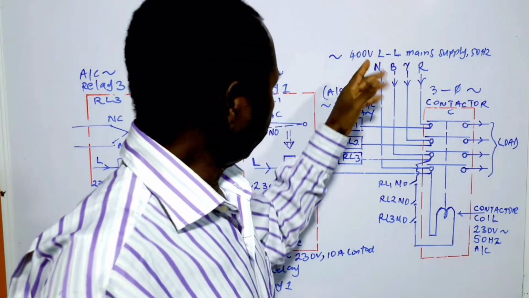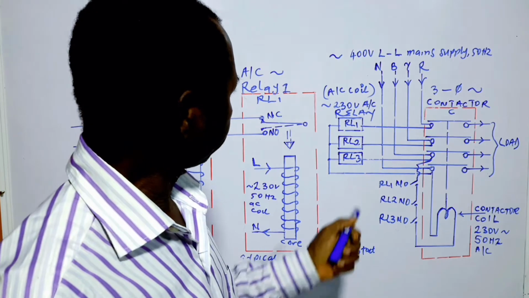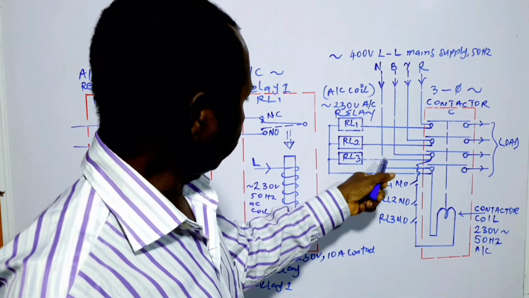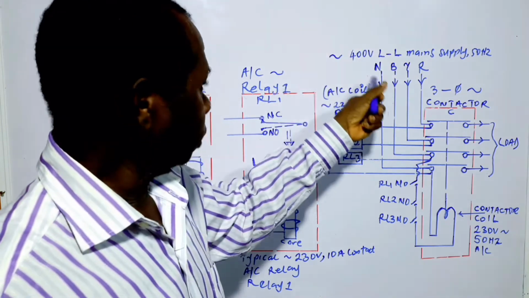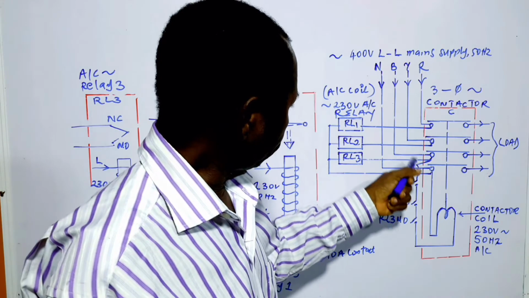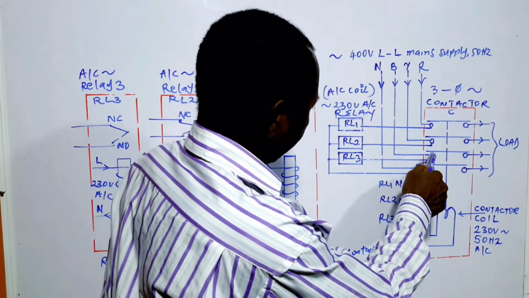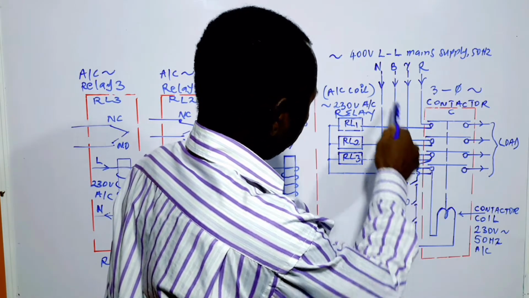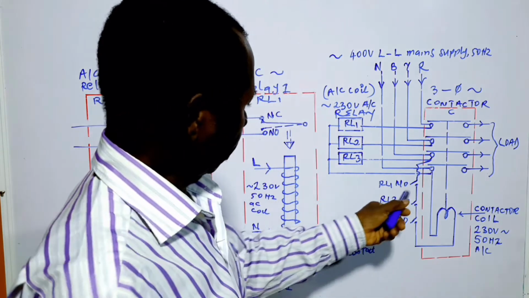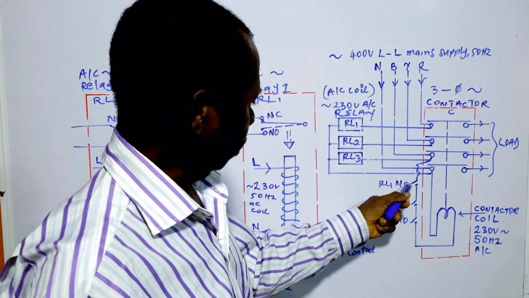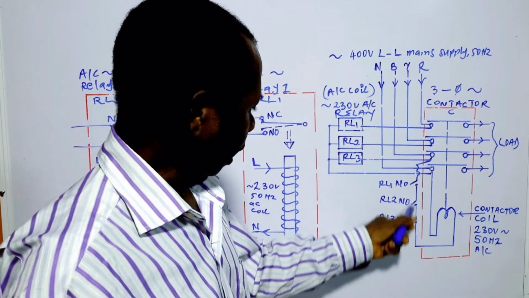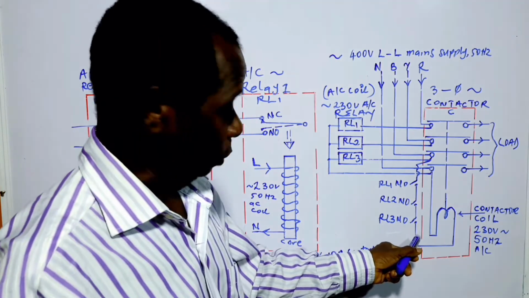Now, by the time the main supply is switched on, there is supply to this normally open contact of relay 1 from the blue phase, just like the way it is wired.